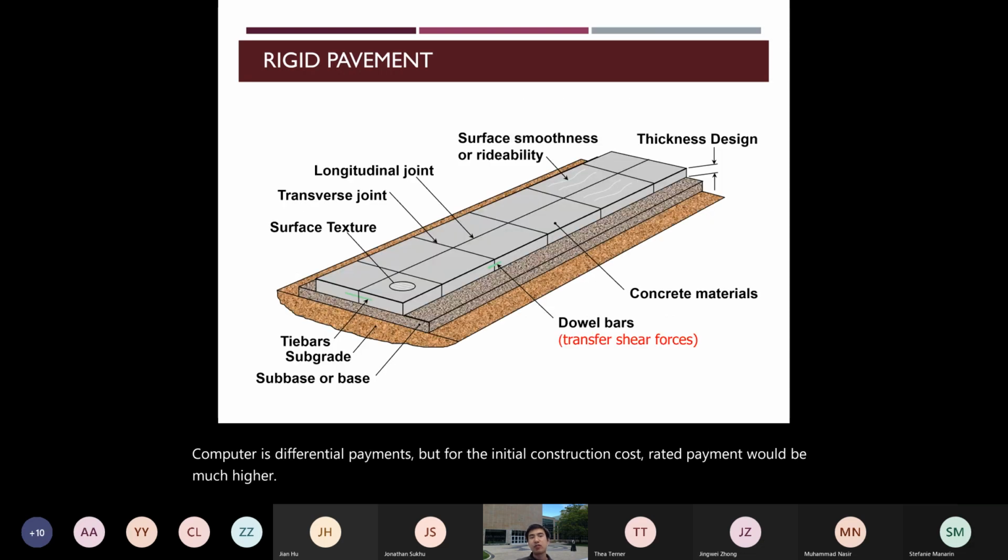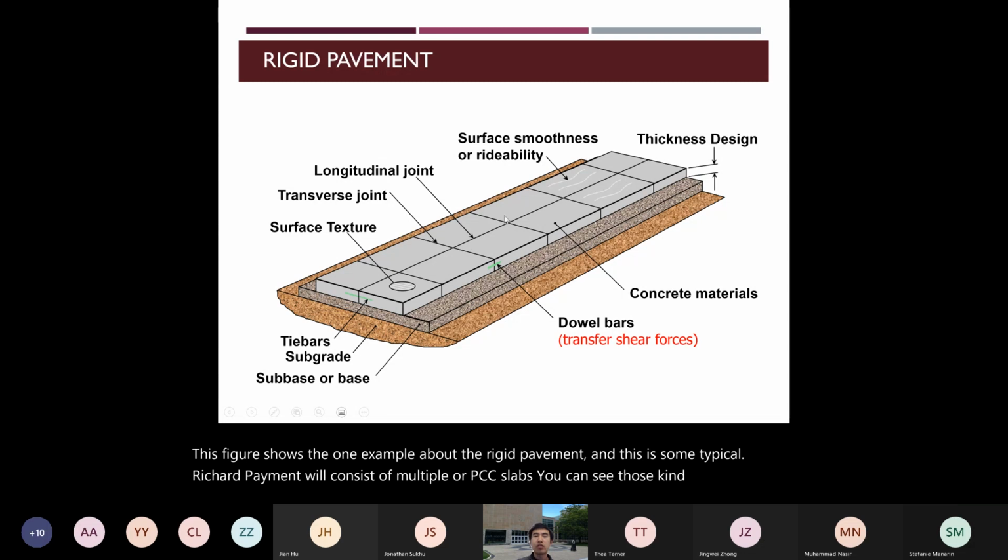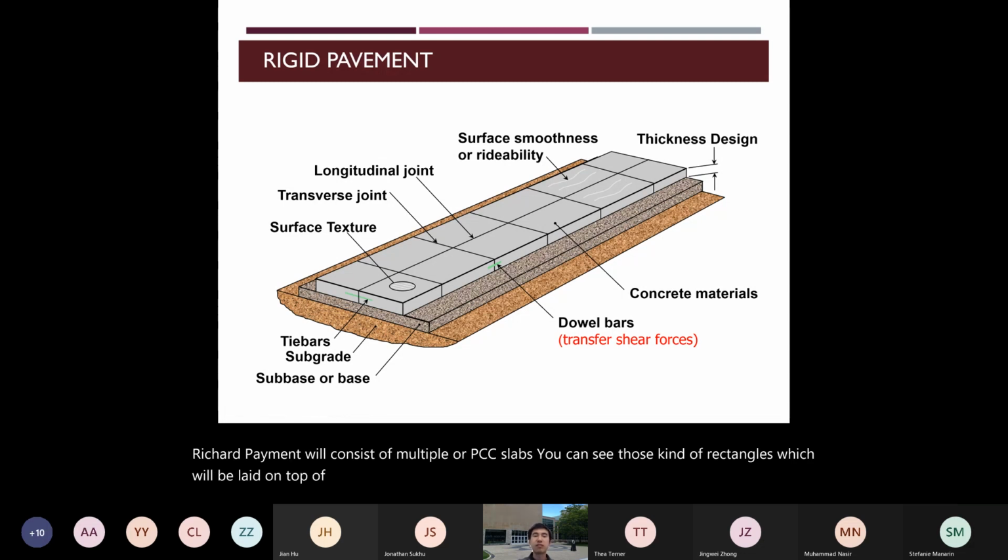This figure actually shows one example of the rigid pavement, and this is some typical rigid pavement. It will consist of multiple PCC slabs. You can see those kind of rectangles which will be laid on top of the surface. And those pieces of the slabs are actually connected by the dowel bars or the tie bars.